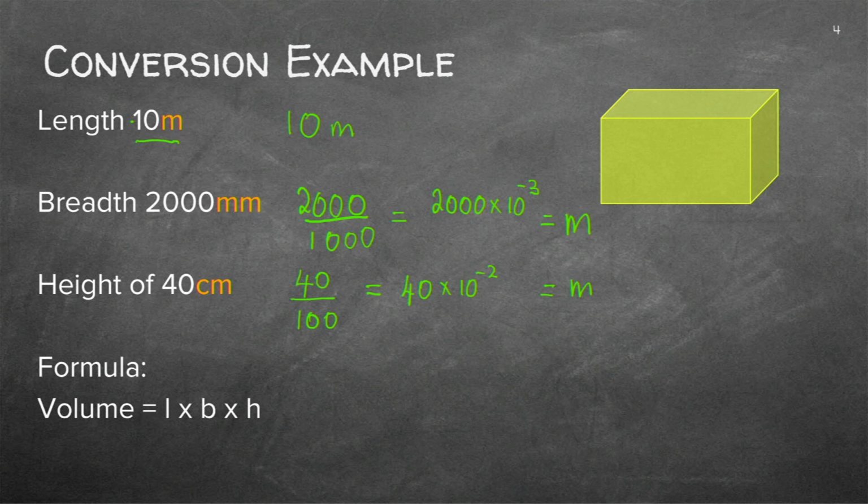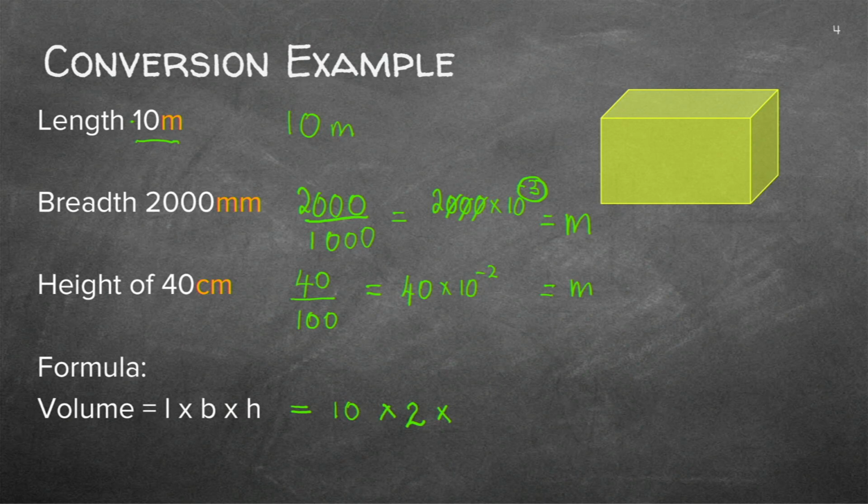So let's go ahead. Let's say, what do I have? I've got here, the length is 10. I've got the breadth, which is 2,000 times 10 to the minus 3. So in actual fact, those 3 and that 3 will cancel. So I actually have 2 meters. And then finally, I've got 40 divided by 100.